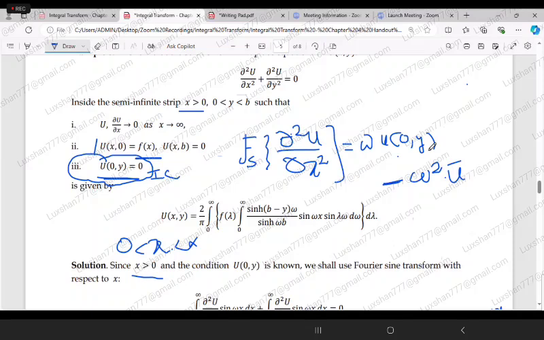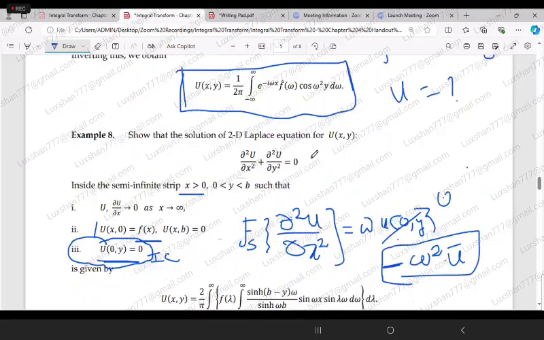u(0, y) is what? 0. So this part is 0. Therefore, this becomes minus omega squared u bar. Therefore, when you take the Fourier transform of this, that becomes minus omega squared u bar. Earlier I wrote it wrong, I'm sorry for that. Actually, again I used the complex transform.